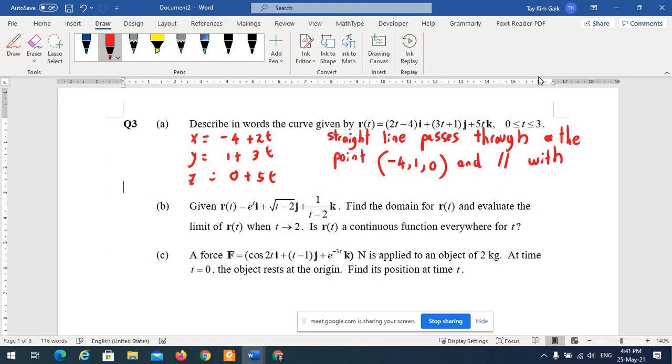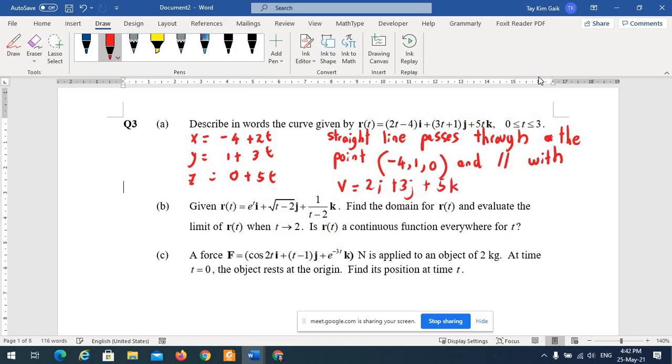Normally for a straight line you must have 2 points, but using the parametric equation we know it passes through a point and is parallel with a vector. Vector v comes from the coefficients of t here, which is 2i plus 3j plus 5k.